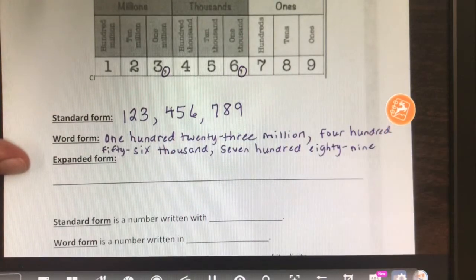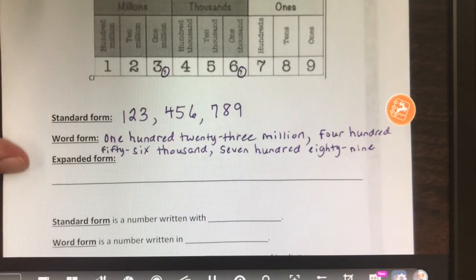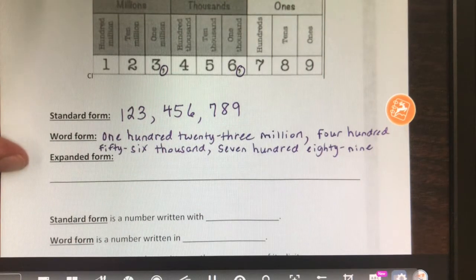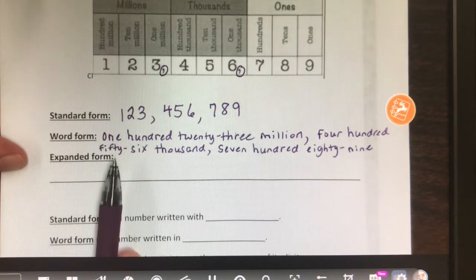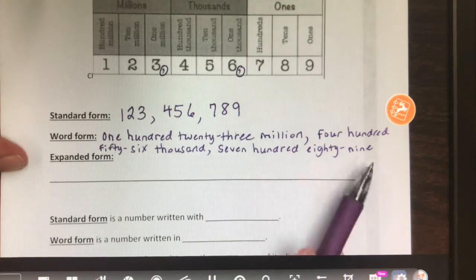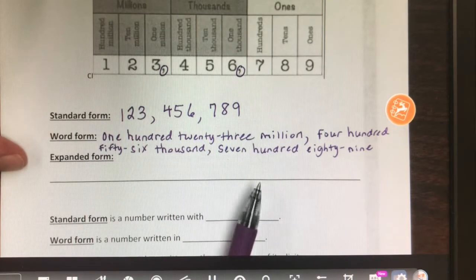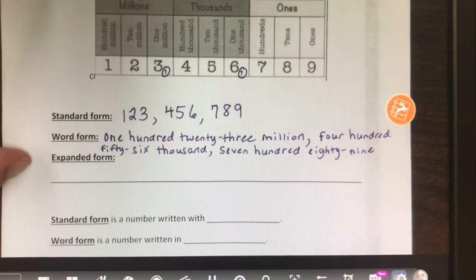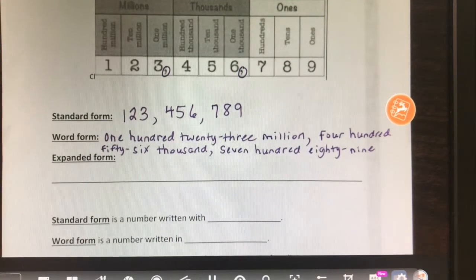There we go. Okay, so that's the end, the ones place, so we don't have any words after that. So I'm going to read this back to myself. 123 million, comma, 456 thousand, comma, 789. Perfect. Sorry, I had to squeeze that in there a little bit.